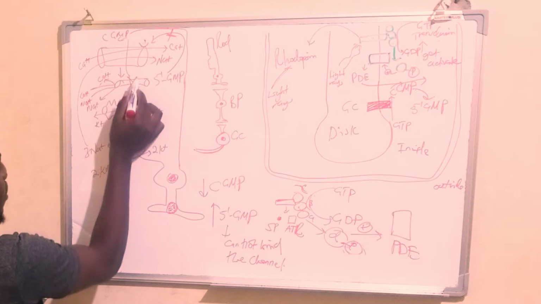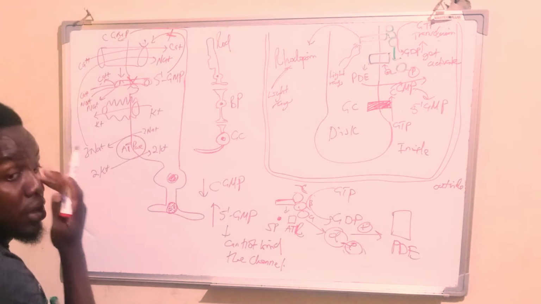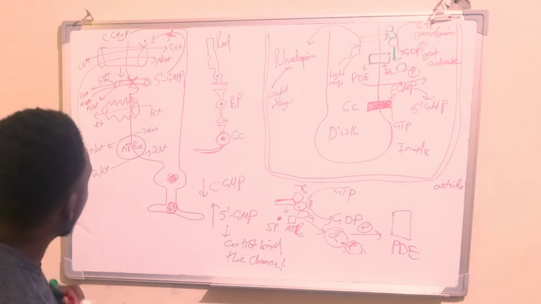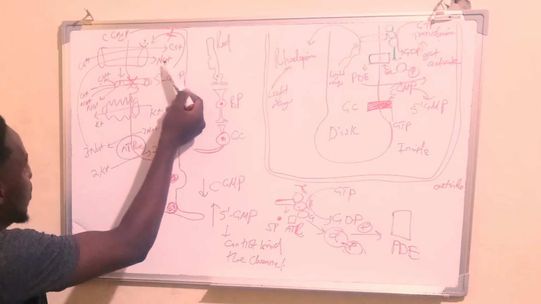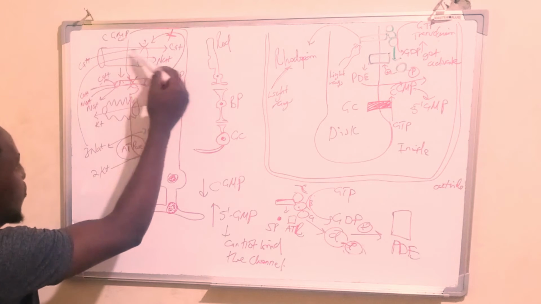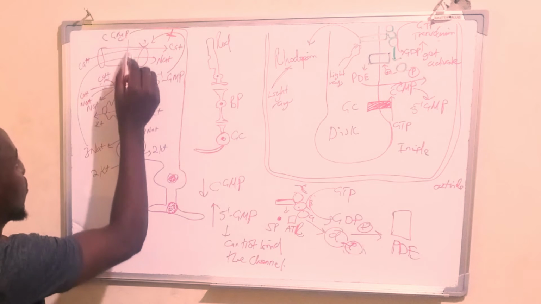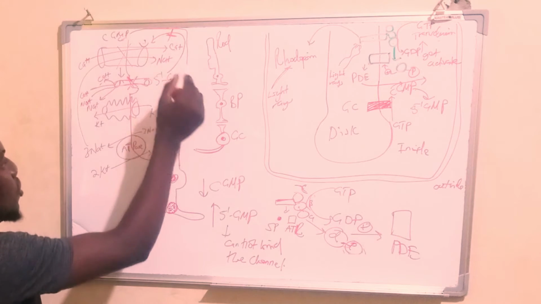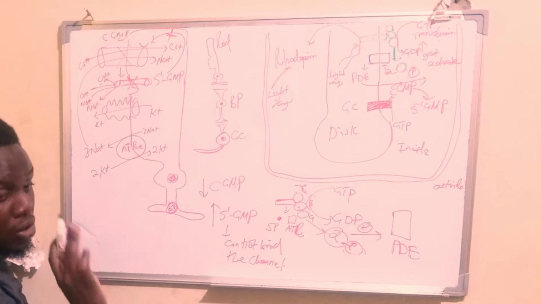These channels will do what? They will close, as shown there. When these channels close, remember, during the dark, there's sodium moving in through those channels, calcium moving in, and potassium moving out. Now, these channels have closed. Since there's no cyclic guanosine monophosphate to bind here, the channels have closed.